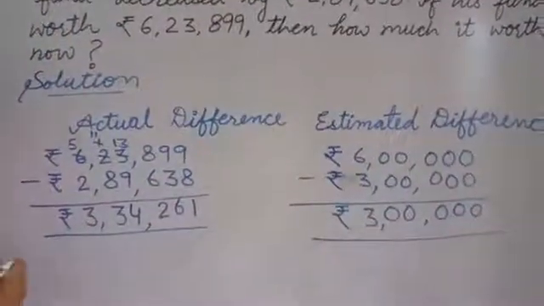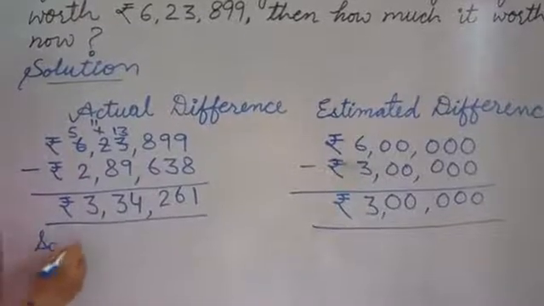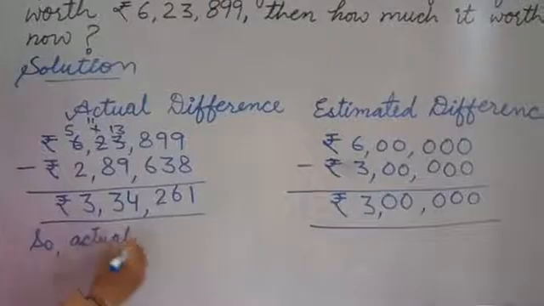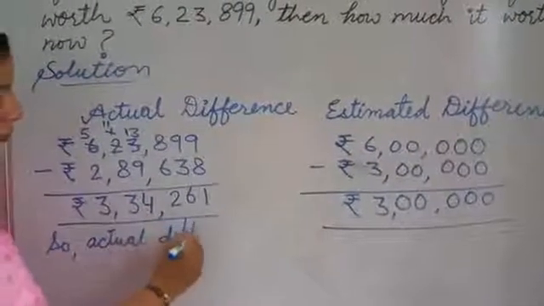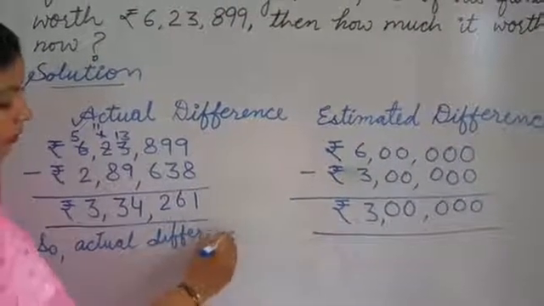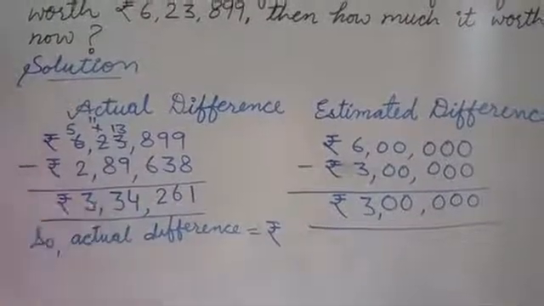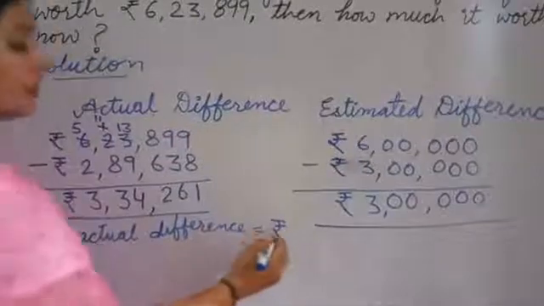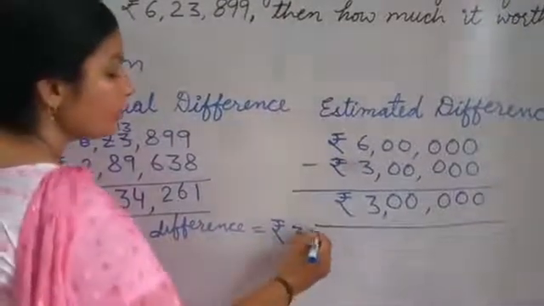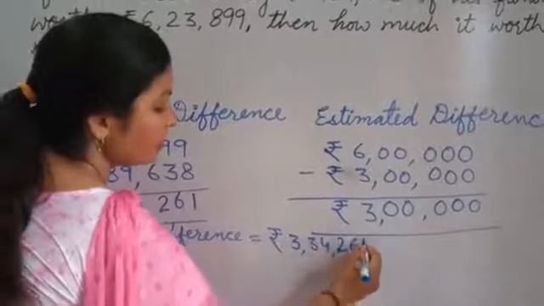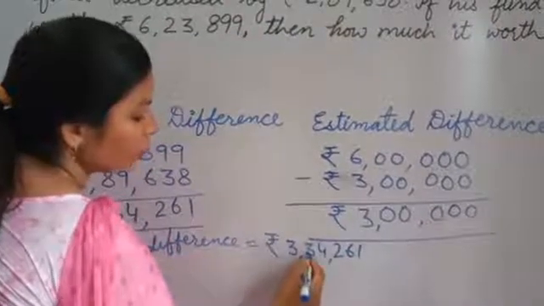So we write here, actual difference equals to rupees 3,34,261. This is the actual.